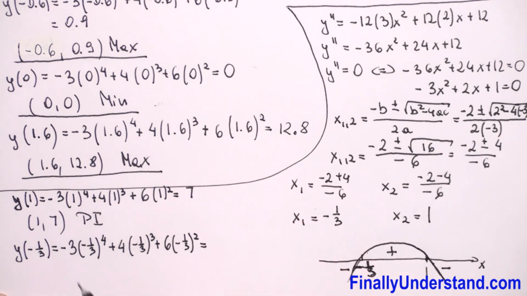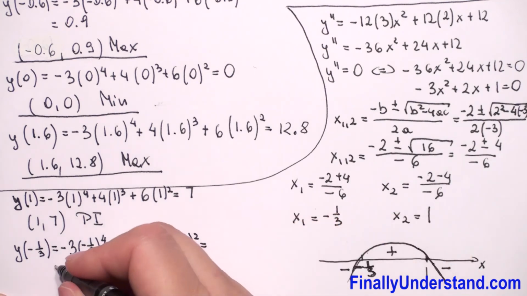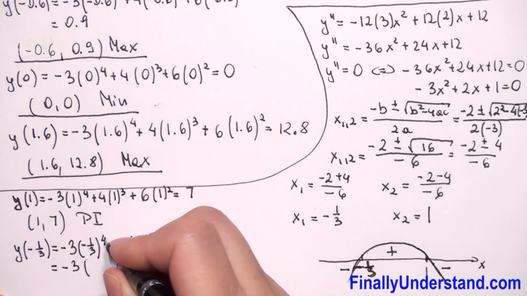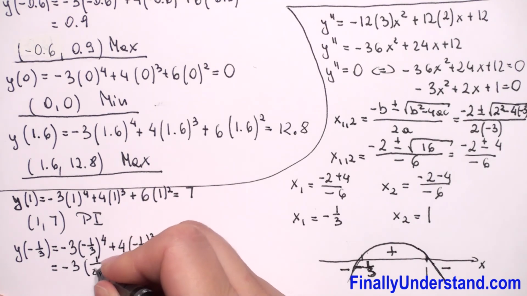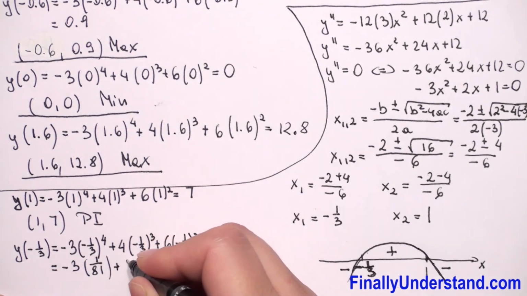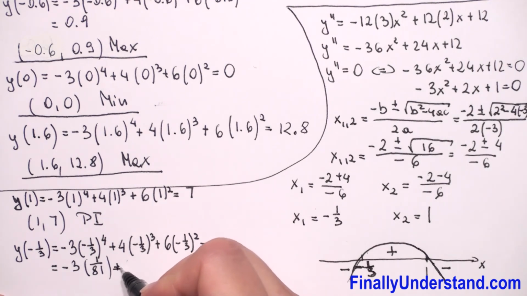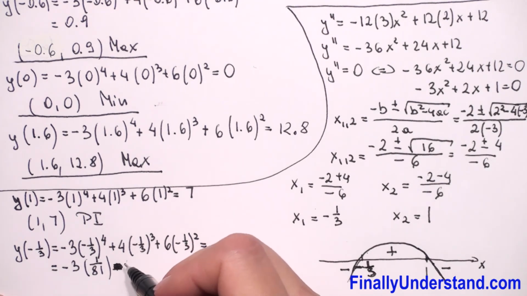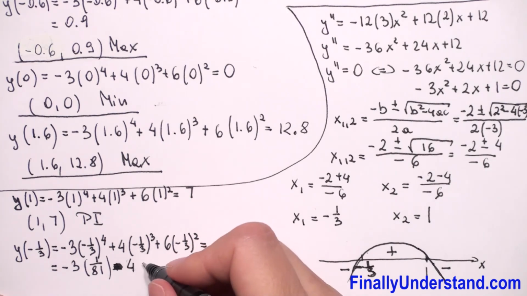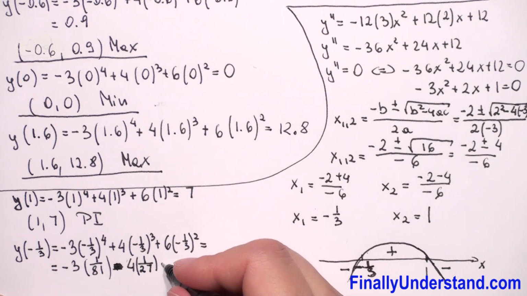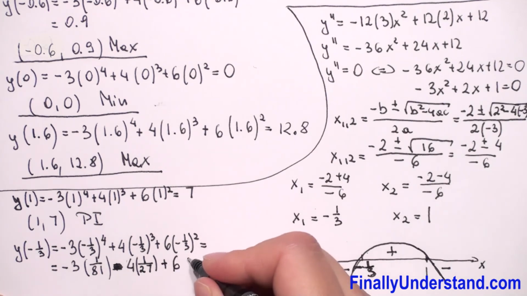This is equal to negative 3 times negative 1/3 to fourth power, which is 1/81, plus negative 1/3 to third power gives us a negative sign, so we have negative 4 times 1/27, plus 6 times 1/9.